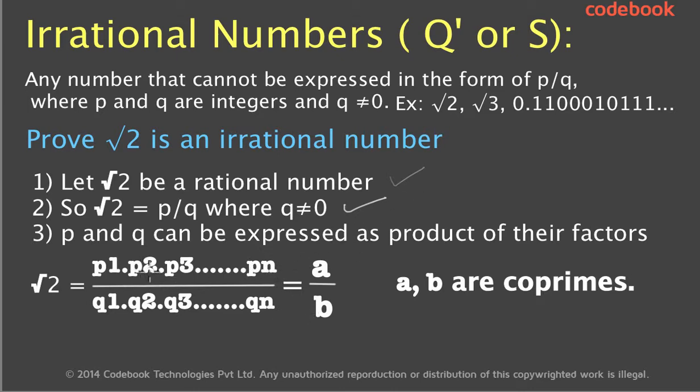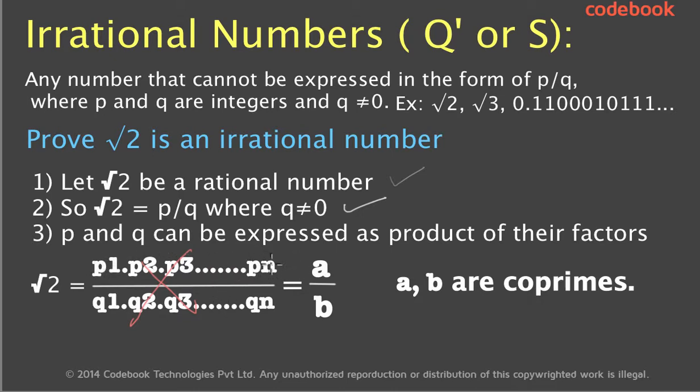For example, if p2 is equal to q2 and p3 is equal to q3, then p and q have common factors p2 q2, p3 q3. Those get cancelled out and we will be left with a product of prime factors in the numerator and a product of prime factors in the denominator which do not have any common prime factors.